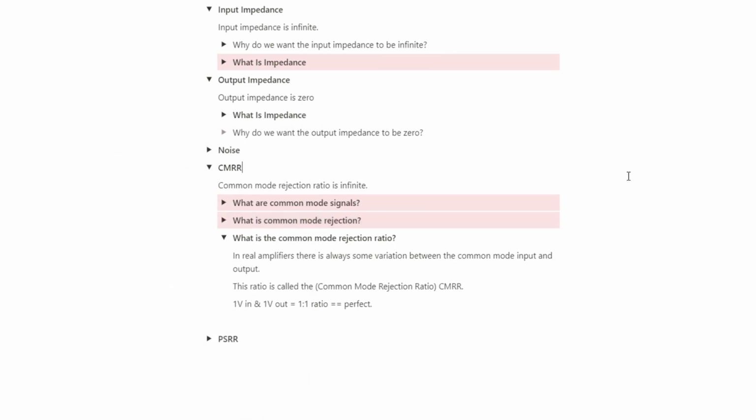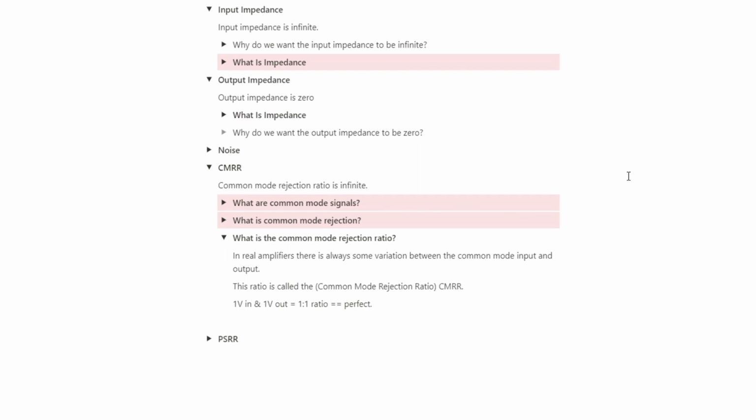And then what is the common mode rejection ratio? I'm trying to do it from my head here. It is the ratio to which the two of the same inputs affect the outputs. That was a guess. In real amplifiers, there's always some variation between the common mode input and output.